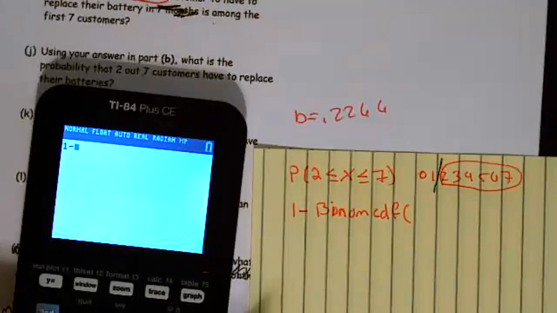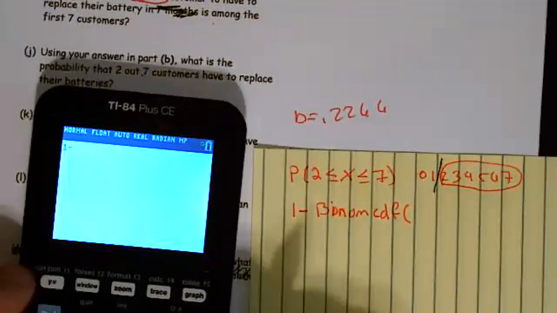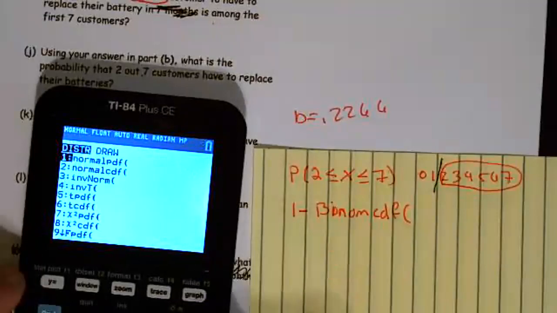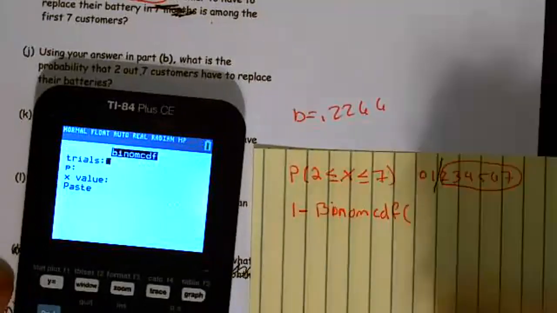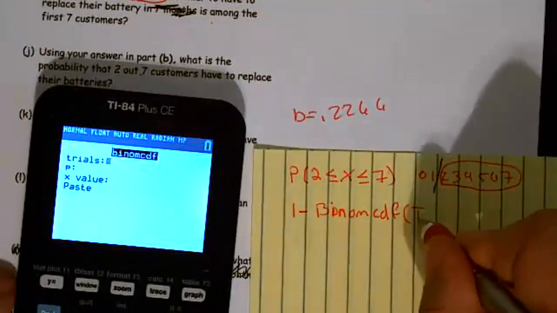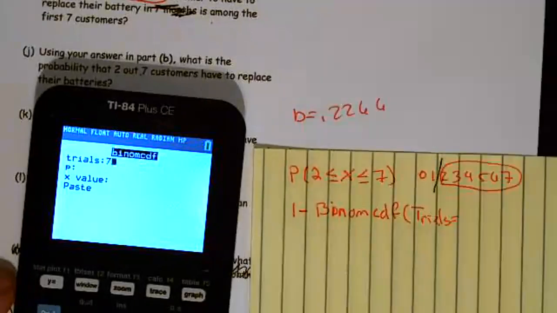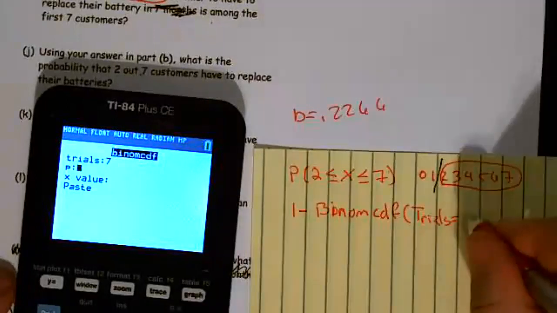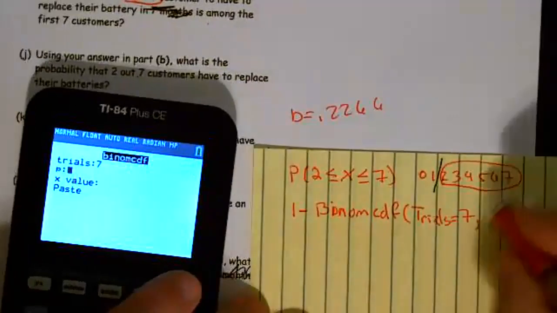1 minus second vars, binomial CDF. It asks for trials. Well, trials is just my sample size. So trials, in this case, it's 7. P, well, we know our P because we keep using the same P, 0.2266.